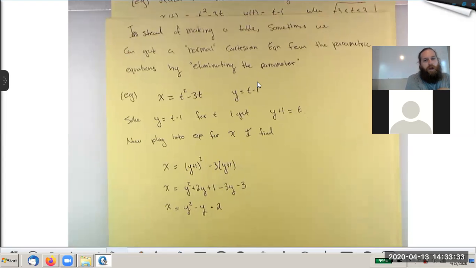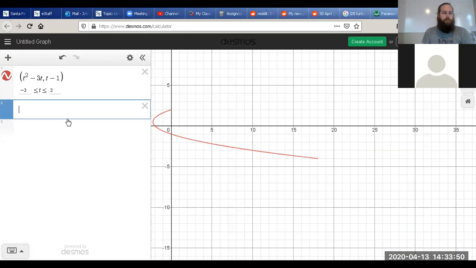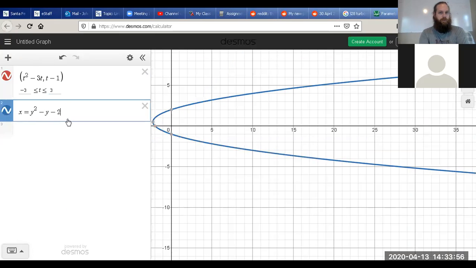If I gave you y equals x squared minus x minus 2, you would immediately recognize that as a parabola. Here, the x's and y's are just swapped, which means you have to rotate your head 90 degrees to the side. If I switch back to Desmos, and not thinking about parametric anything, I just enter this equation, x equals y squared minus y minus 2.